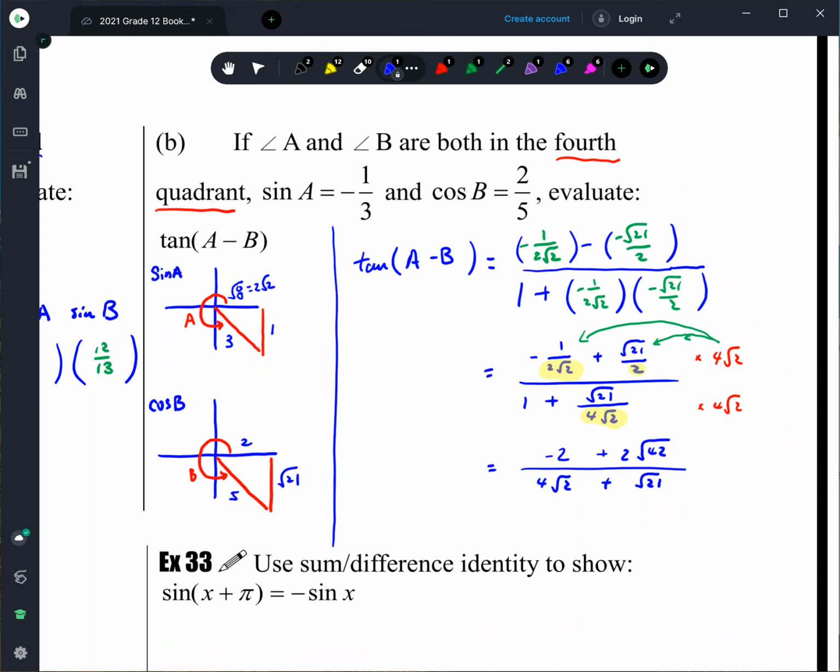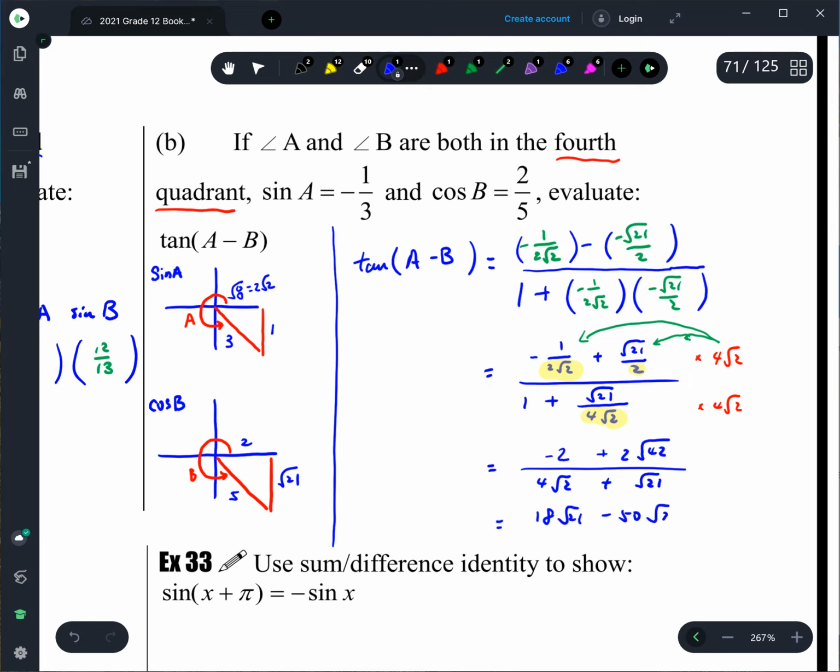We can leave the answer like this. But if you actually do multiply by the conjugate, your final answer should look like this. If you continue more steps, multiply by conjugate.